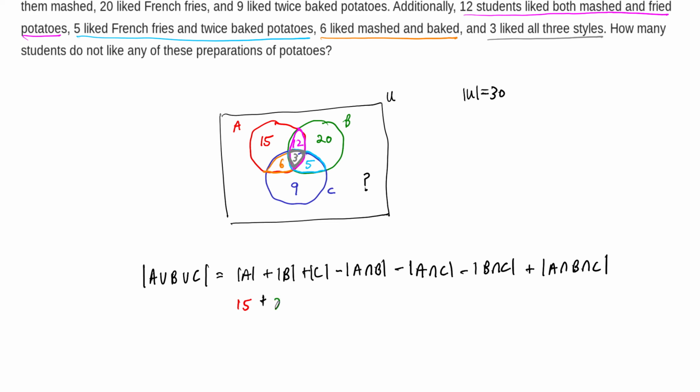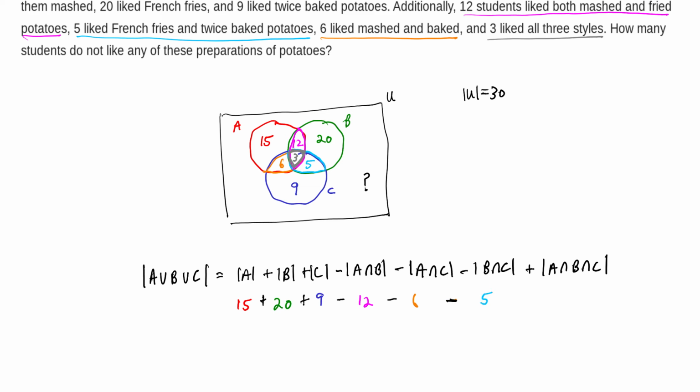plus 20 plus 9 minus A intersect B, which is 12. This is our magenta. Minus A intersect C, that's our 6. Minus our 5.